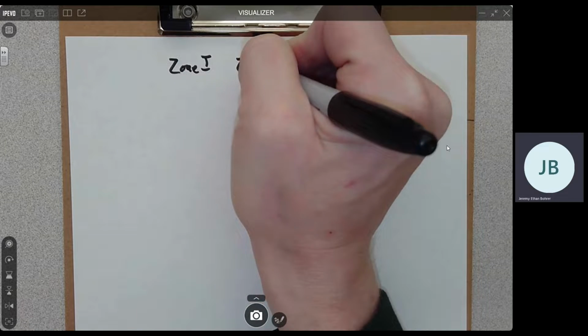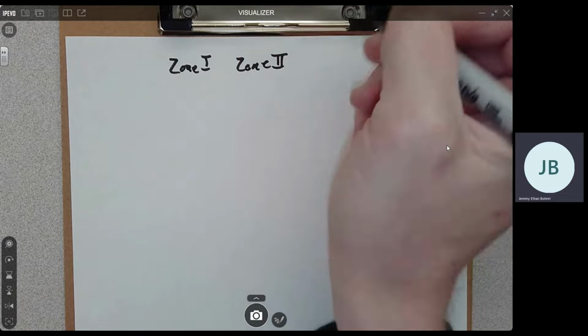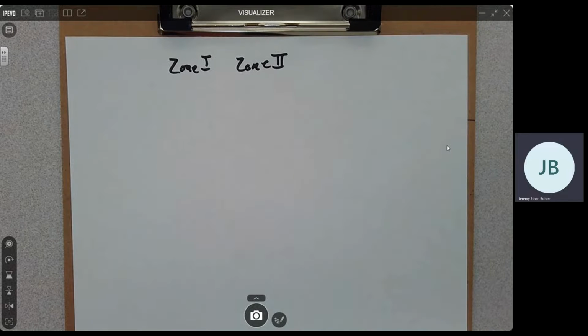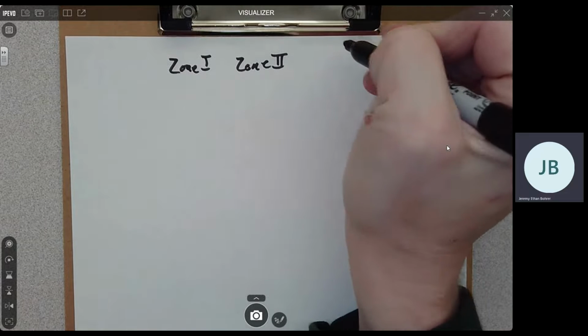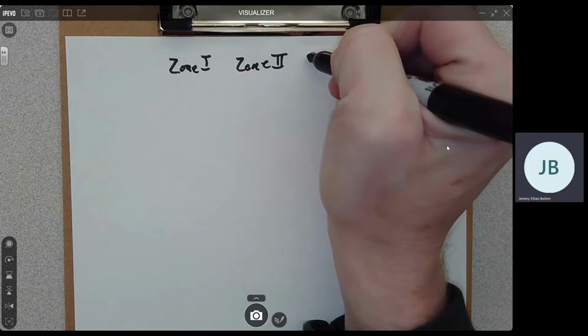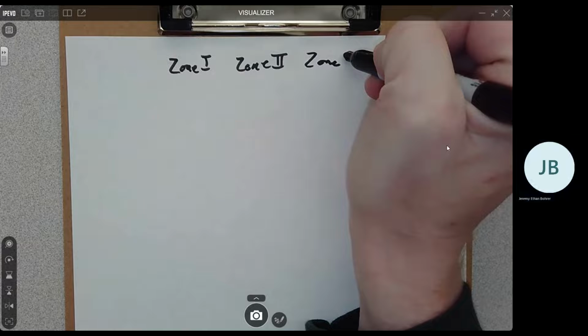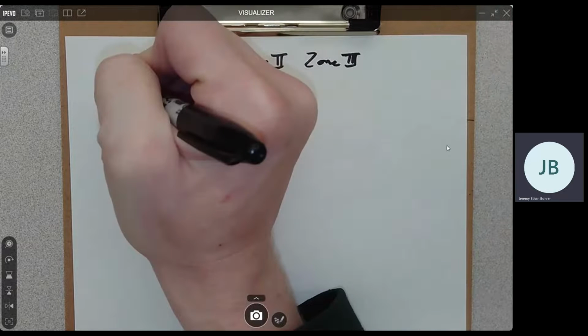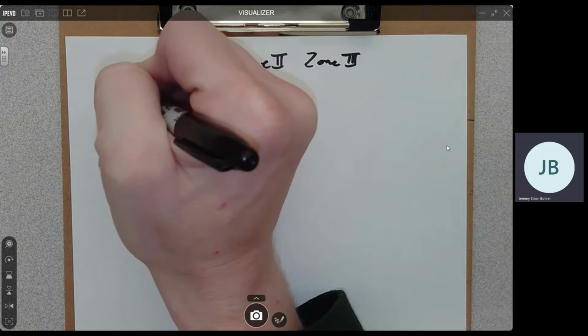Zone 2, these are the origins. On the columns are going to be origins, and the rows are destinations.